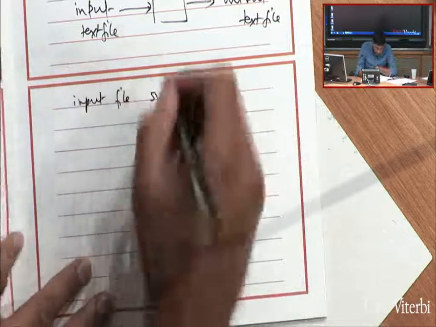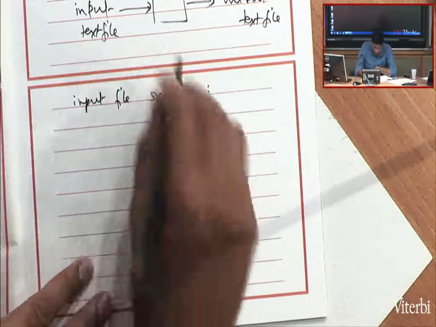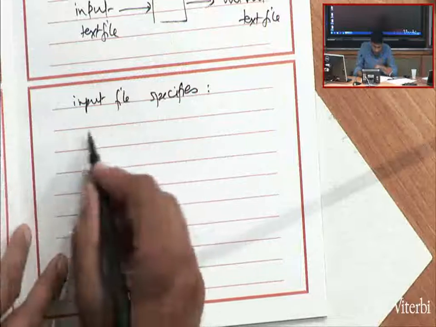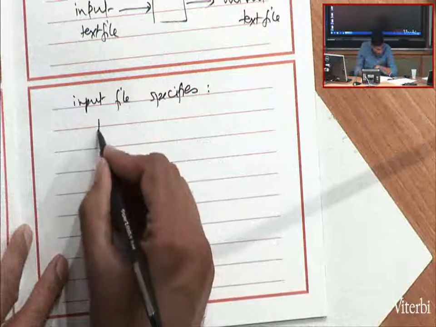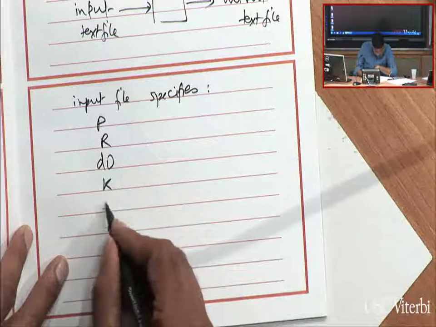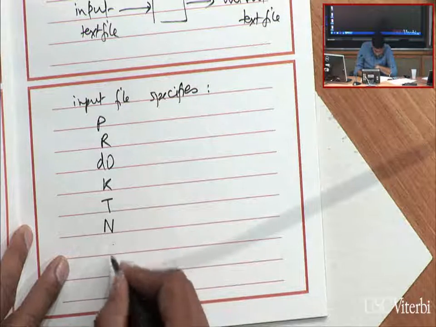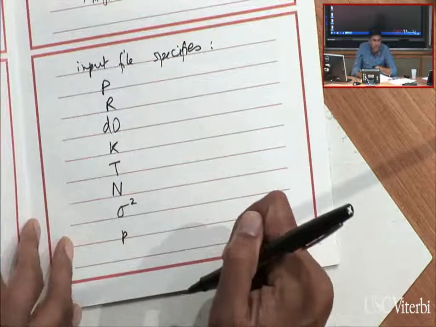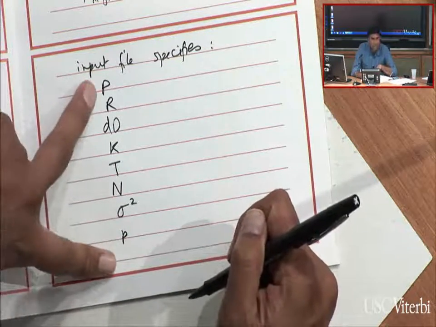So the input file will specify, for example, and look at the exact details in the assignment. I don't want you to write it based on what I'm writing here, but roughly speaking, it's something like this. Okay. So all of these parameters that are in question 2, the input file would specify as numbers.